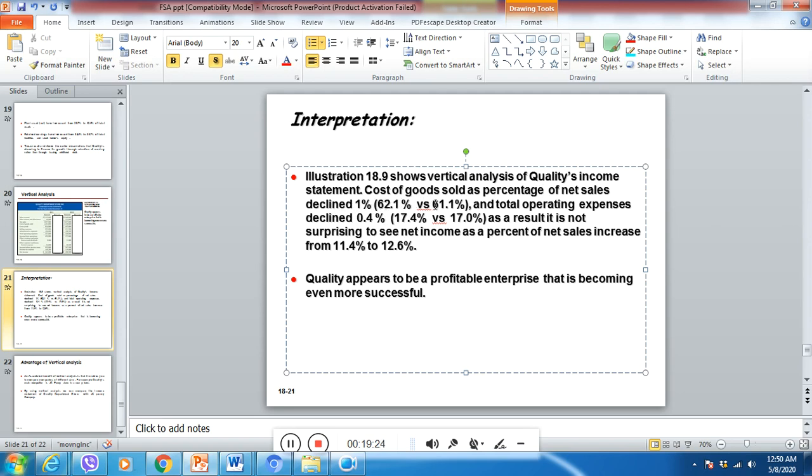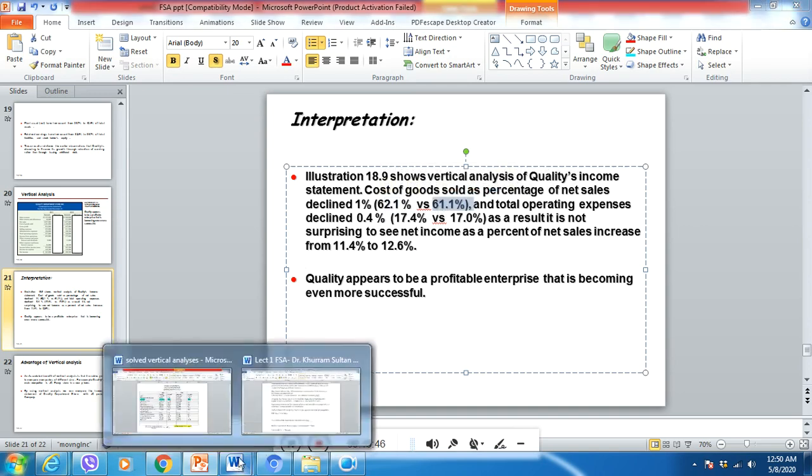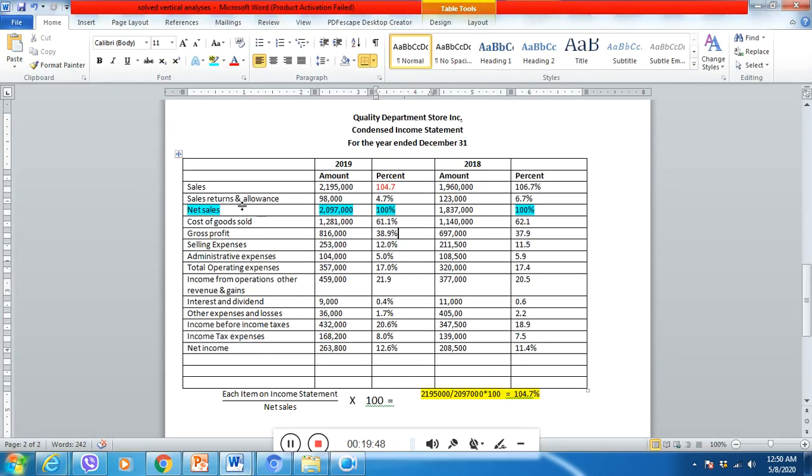Before, in the previous year, it was 61.1%, and this year this is 62 point, sorry, it's opposite. Last year the cost of goods sold was 62.1%, and now this year 61.1%. If we see the calculation, this is COGS, cost of goods sold.